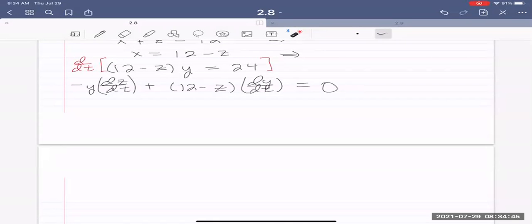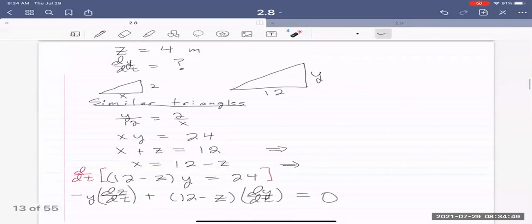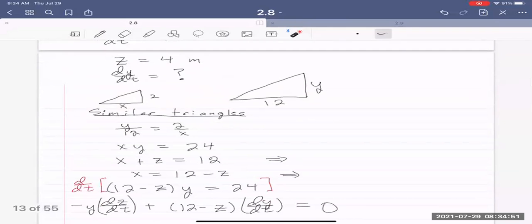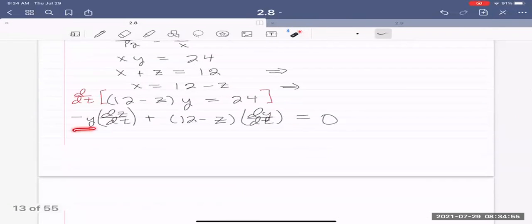No, I don't know y yet. So I know y is equal to this. Okay. I guess I don't know y. And I know z. So I'm going to have to figure out y.